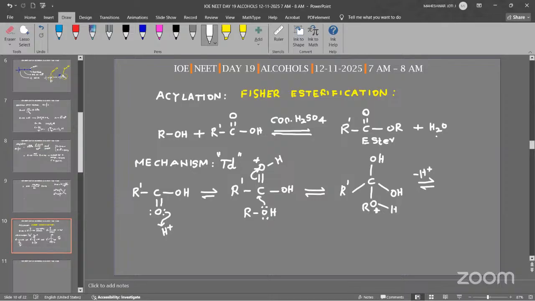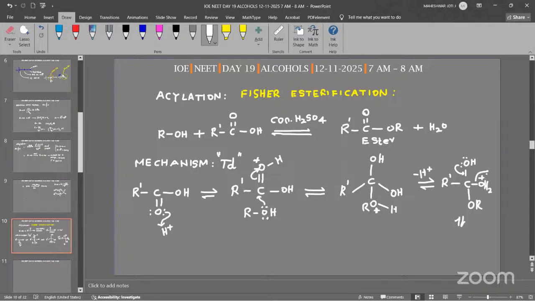Now it gives R dash C OH, OH2 plus, OR, right? Now here, one of these two lone pairs will be transferred to the carbon, then double bond formation takes place.